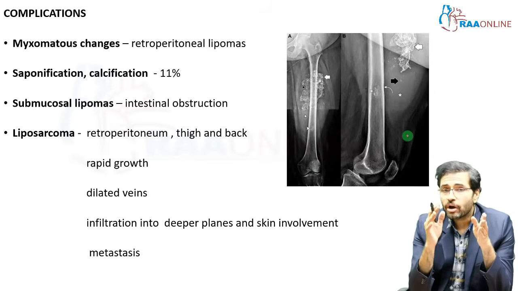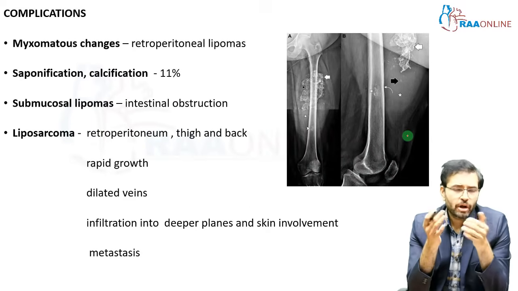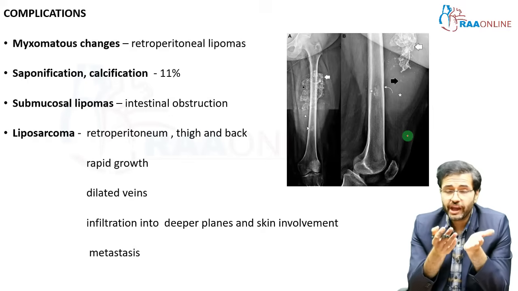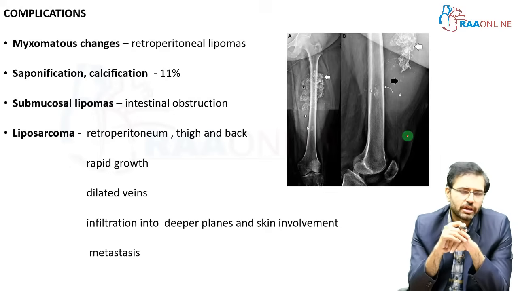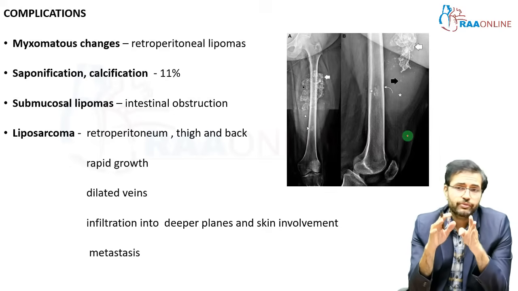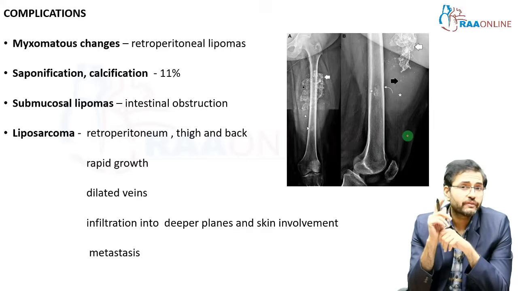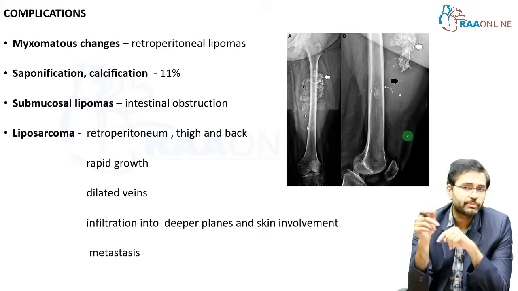So what are the common complications associated with lipomas? Common complications include myxomatous changes, which are very common among retroperitoneal lipomas. Saponification, and as a result of that, calcification can occur in 11%. If a lipoma is found to have calcification, it should raise the suspicion of a liposarcoma, because calcifications are very common in liposarcoma.